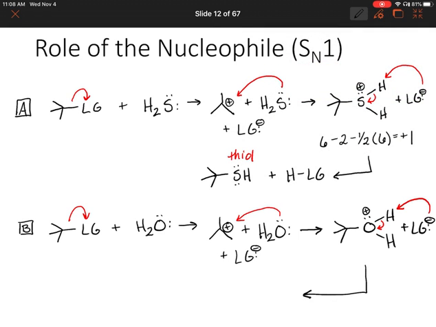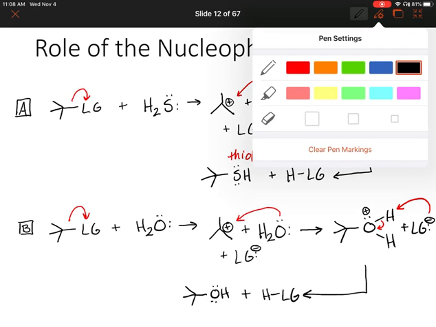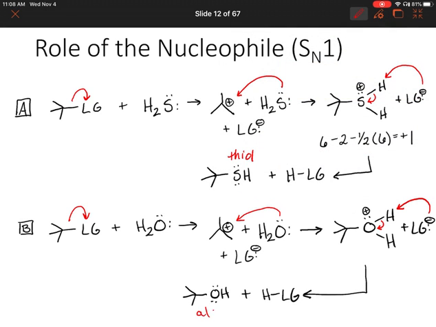Okay, so we end up with these two products. And when hydrogen bonds to the leaving group, that takes away its negative charge because it's now sharing those electrons with hydrogen. All right, so what type of functional group do we have in our first product? An alcohol. So that one we've seen a lot.